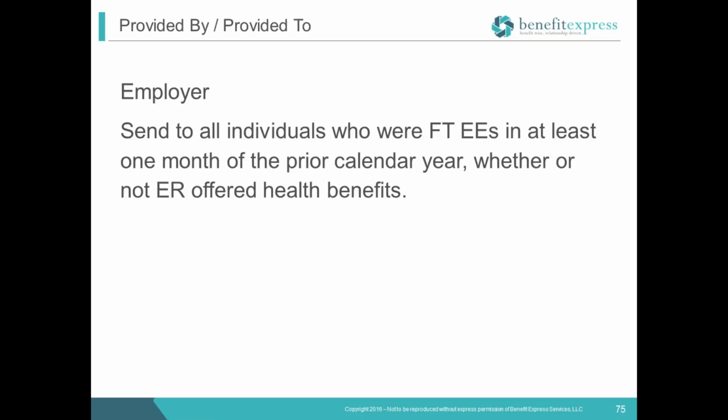The employer has to provide it to employees who are full-time employees for at least a month. Very important. So if somebody works with you for a few weeks and leaves, never was eligible for coverage, that full-time requirement only applies if you work 130 hours in any month. So if you are an employer that has a lot of turnover, you have to decide when you have to give that.